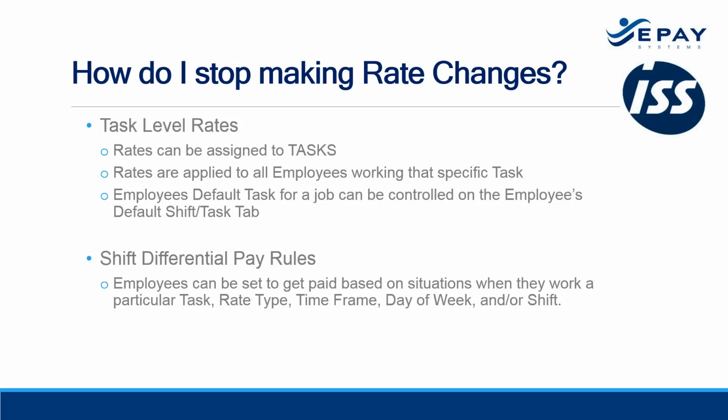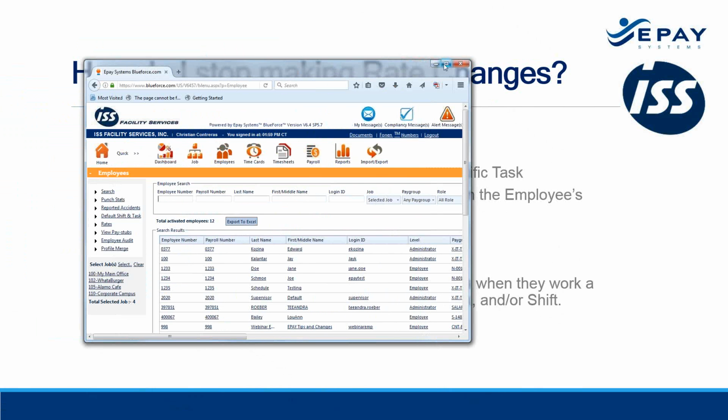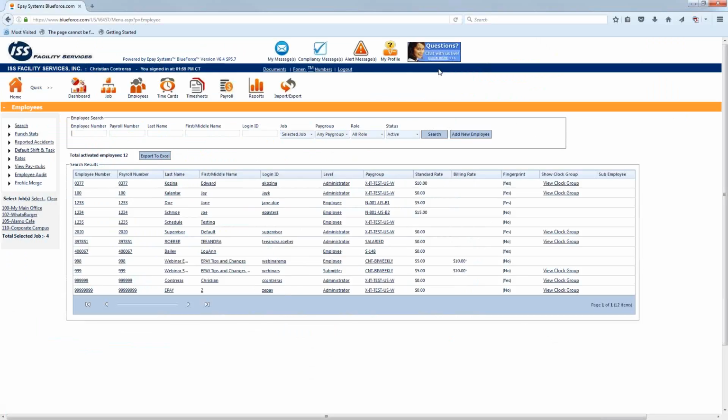Real fast, before I leave this task level rate discussion, I'm going to pause and log into Blueforce. I want to show you this particular screen, which is a list of my test employees.